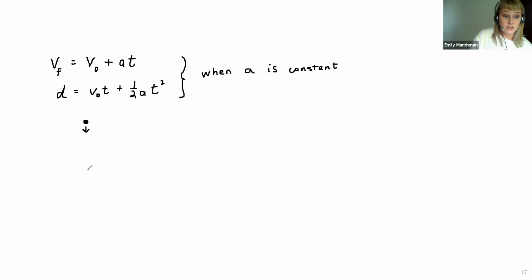So it's still moving in one dimension. It's only moving up and down, right? It's not in two-dimensional motion yet. We're not in projectile motion yet.